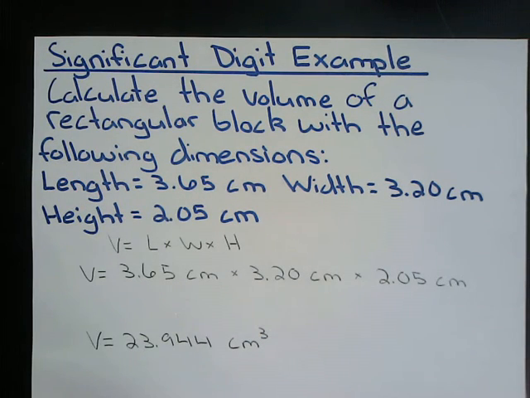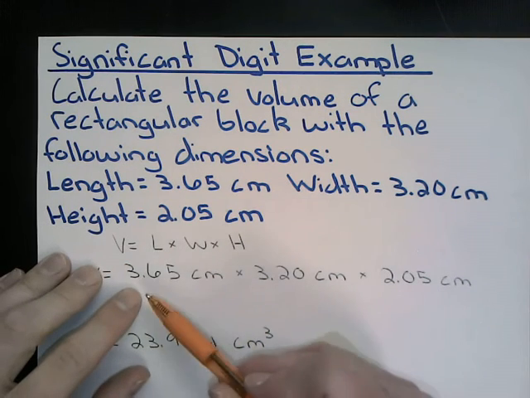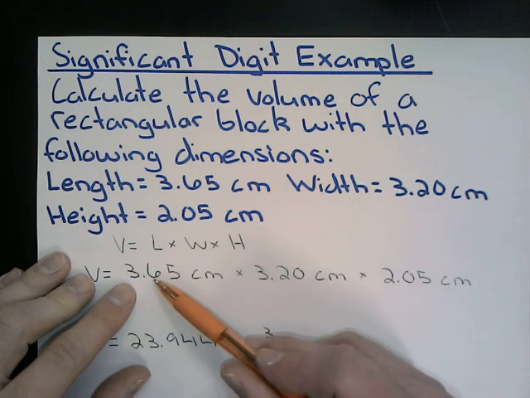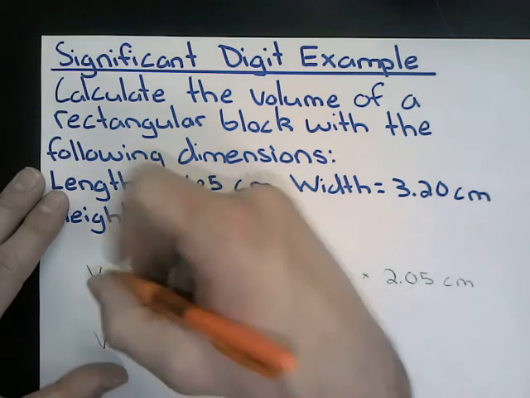So we ask ourselves, the rule said, hey, look at the original values, and whatever number has the smallest number of significant digits, that number of significant digits needs to appear in your answer. So right here, for our length, we had 1, 2, 3 significant digits.